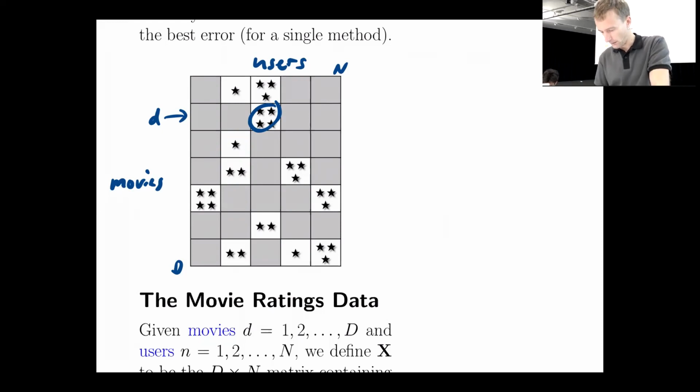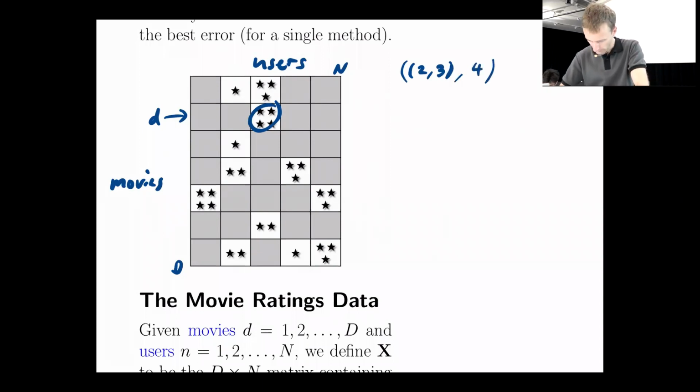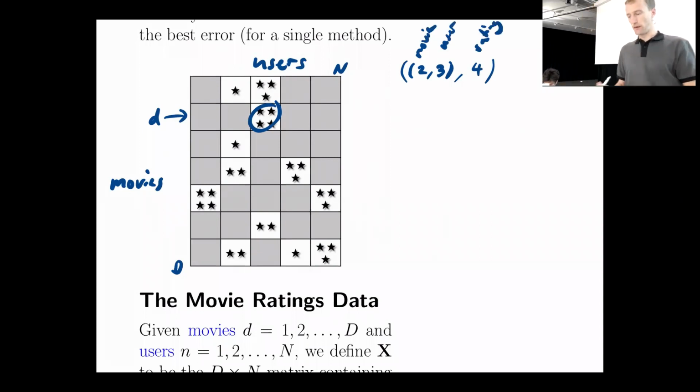So, yeah, movie 2, user 3. At that position, I have a rating of 4. So you can say that this is a kind of three-tuple of movie, user, and the rating. This is the type of data you have, and what is also interesting is that most of the data is actually not available.